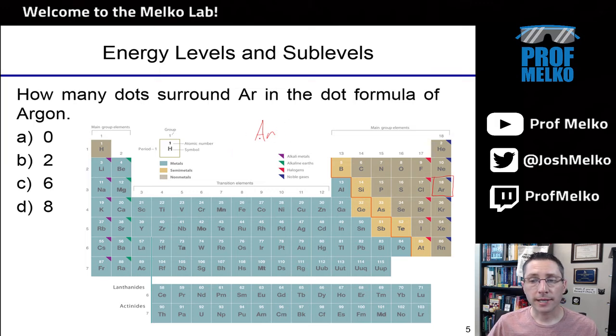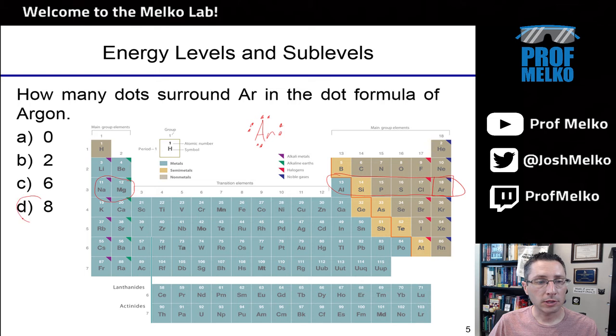Valence means the outermost s and p. So argon's outermost is those 3s2, 3p6. There's 8 valence electrons, so this would be surrounded by 8 dots. I would write them in the following manner, going around clockwise, then pairing them up, 8 electrons total.